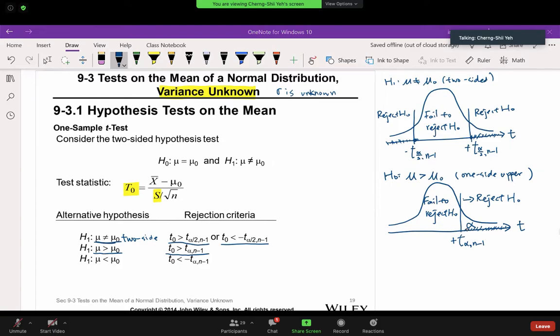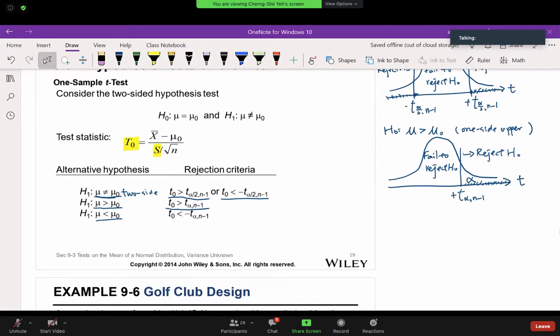Last case, less than. Less than is still one-sided but lower bound. Okay, so third case, the alternative is written as my population mean less than a mean. This means it's a one-sided lower bound hypothesis testing.